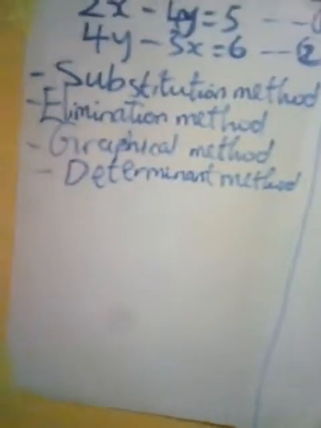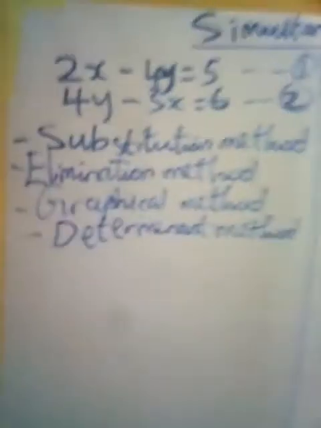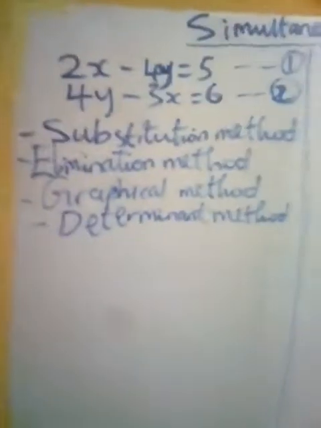These are four basic methods that could be used to solve simultaneous equations. Substitution method involves substitution. Elimination method involves eliminating one variable to find the other. Graphical method makes use of a graph. And the determinant method uses determinants and matrices.